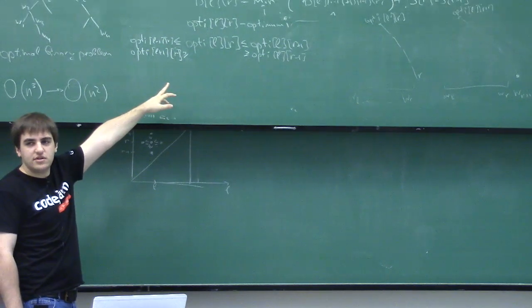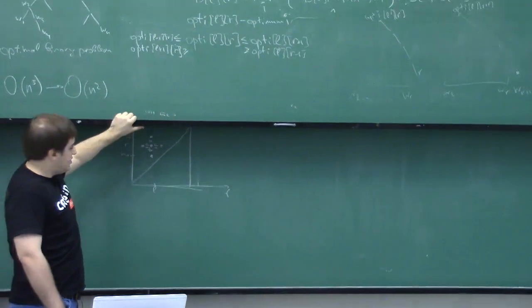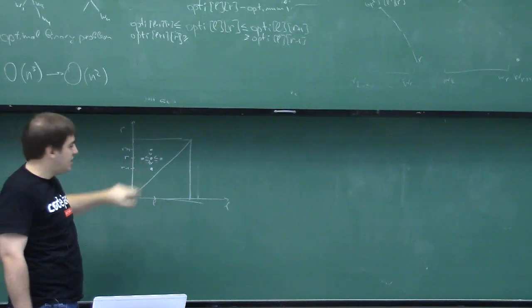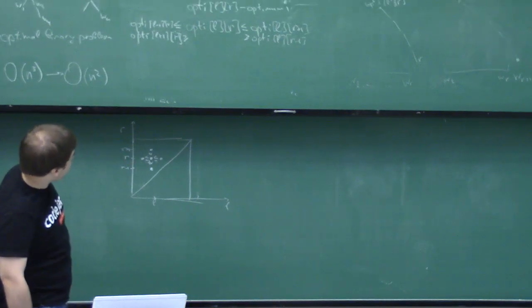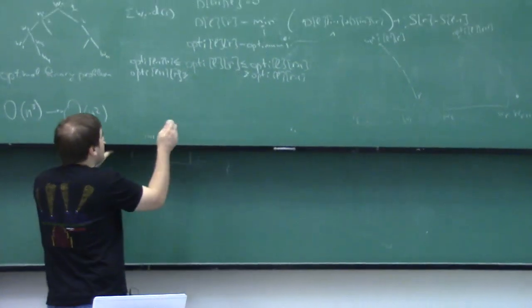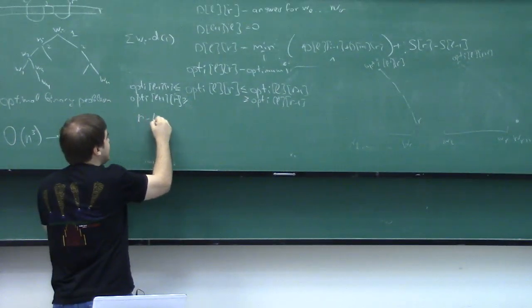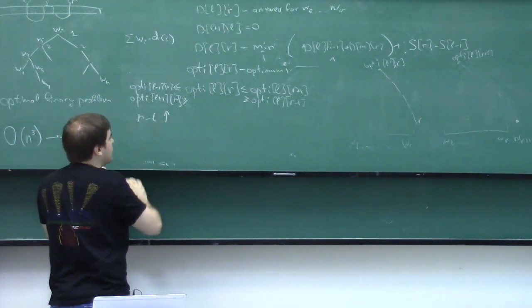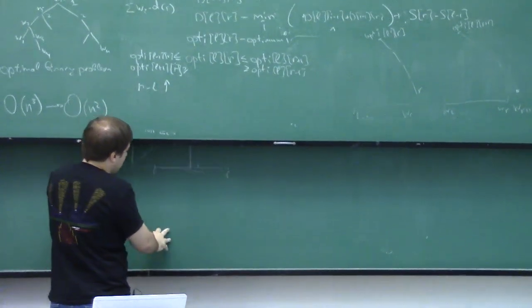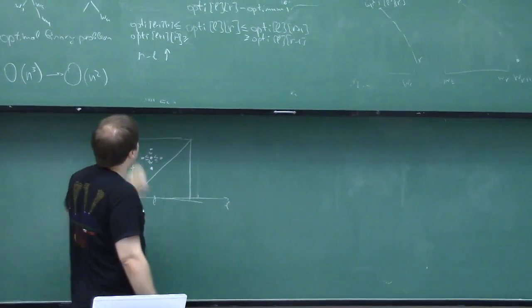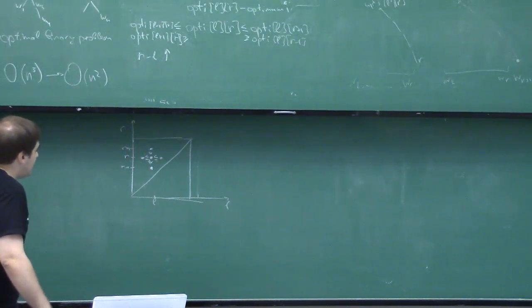Are there any questions? It looks like this on the picture, so we will now use it. Okay, let's try to calculate our dp in order of increasing R minus L. It's actually the order of increasing length of a segment. So how does this help us?